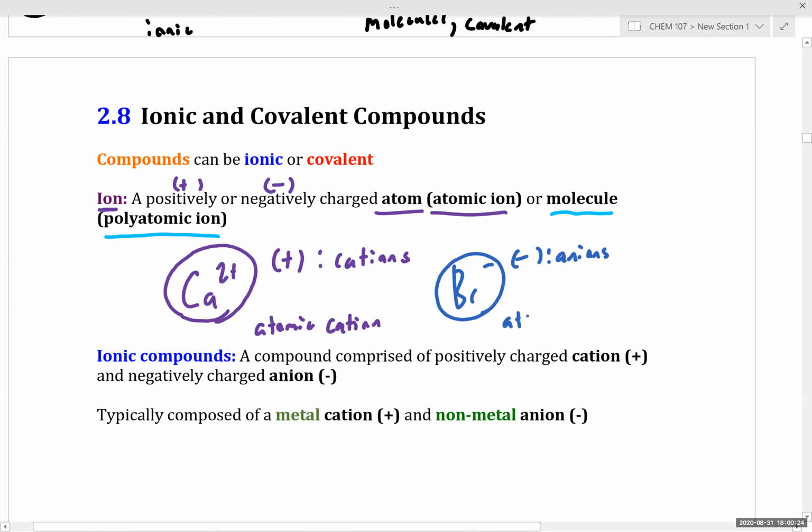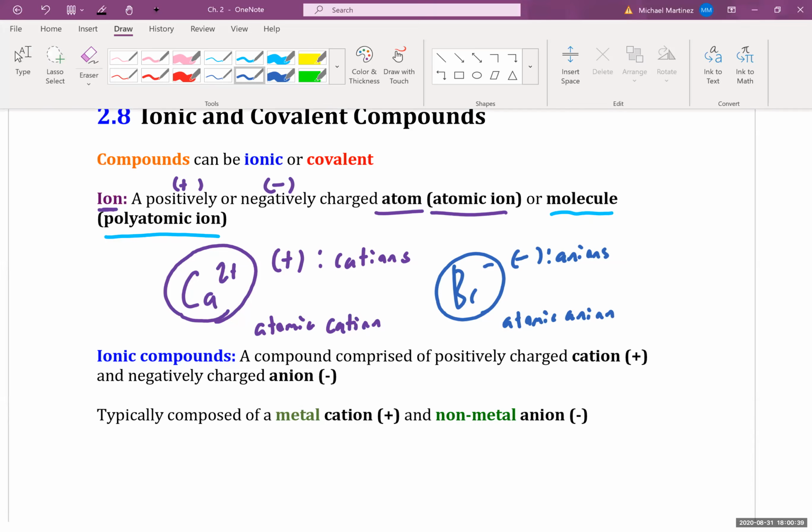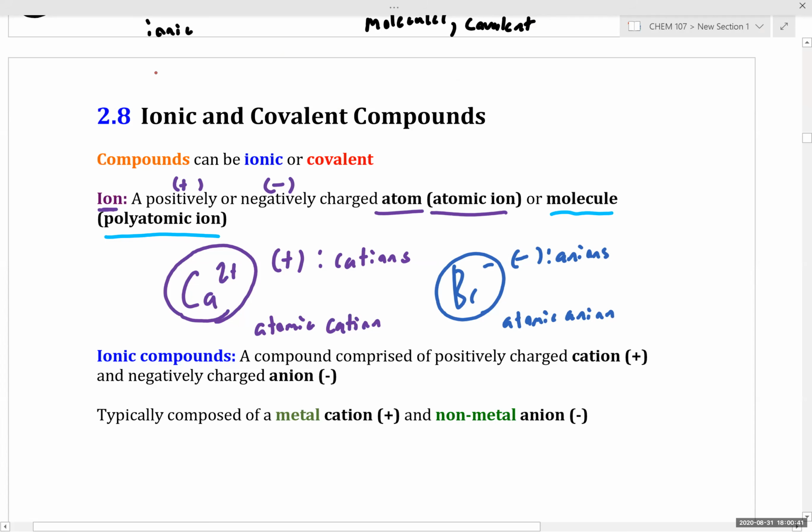So bromine as Br-, formally called bromide, is known as an atomic anion. Polyatomic ions are molecules with a net charge.